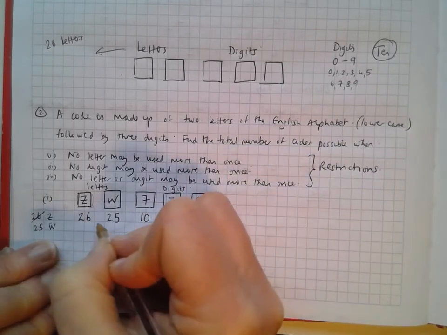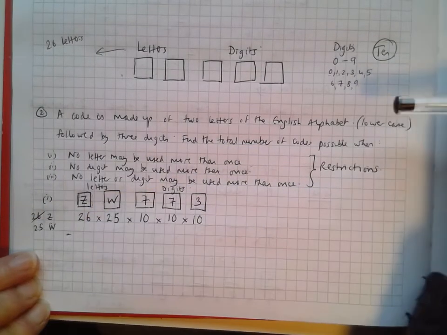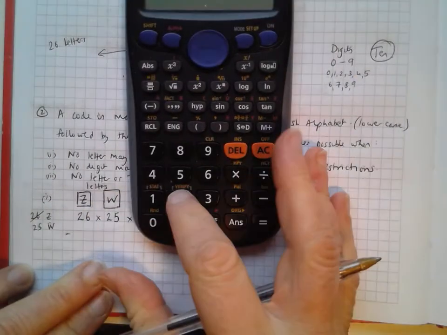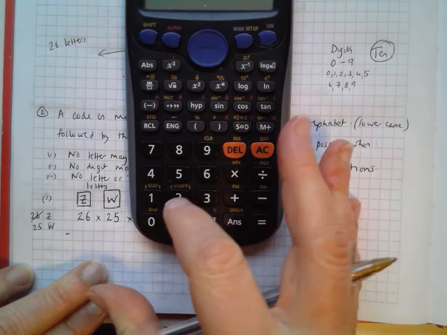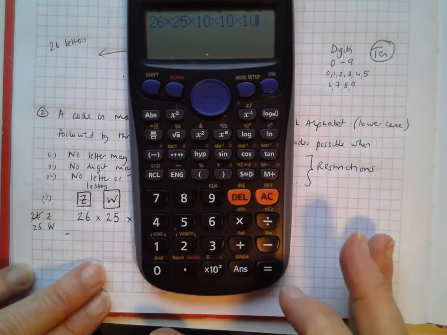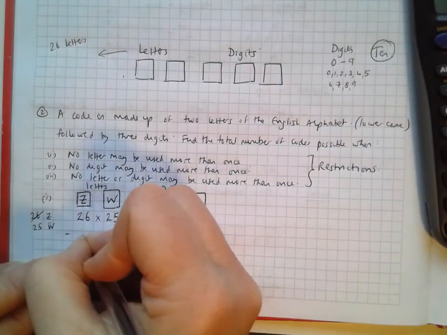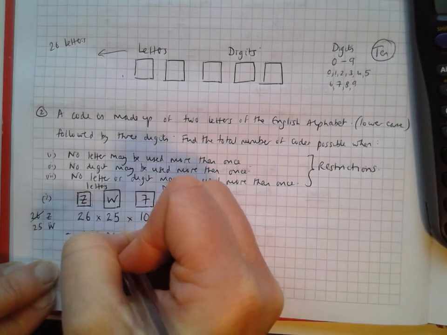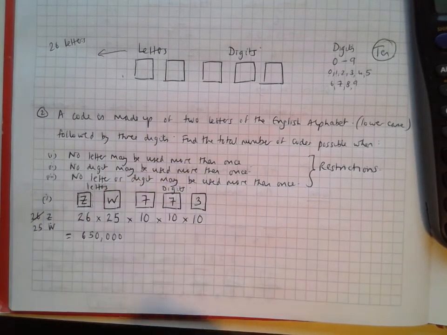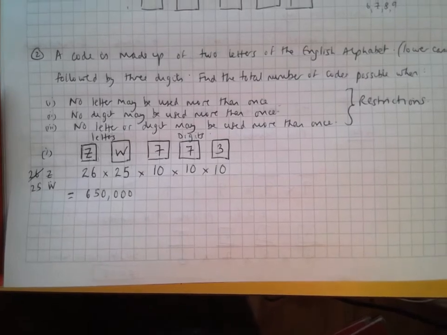So 26 by 25 by 10 by 10 by 10, which is 650,000 different outcomes. Okay, that's the first one.